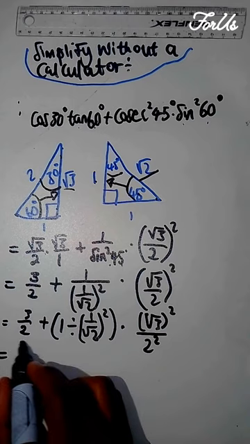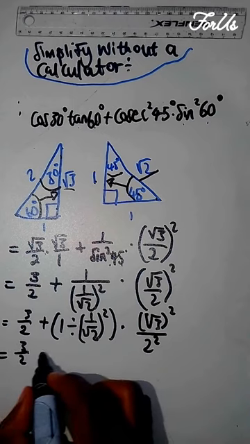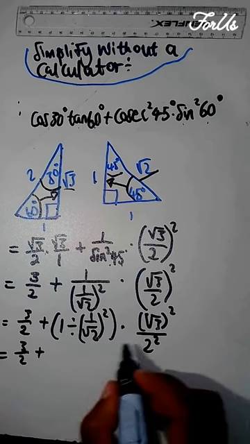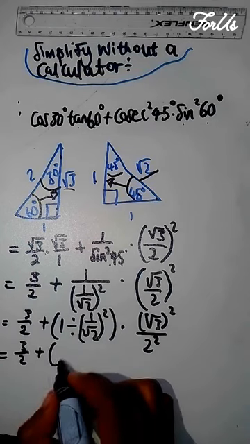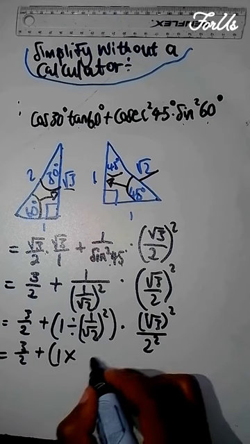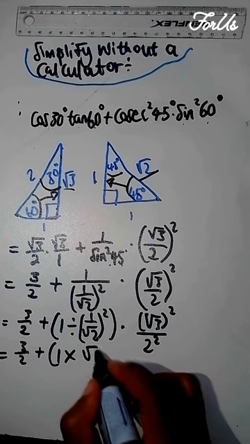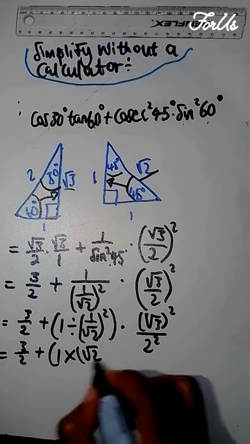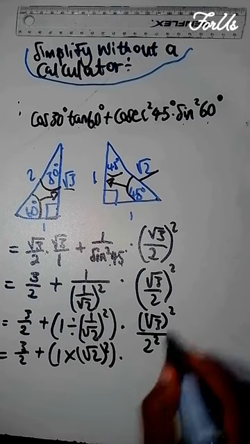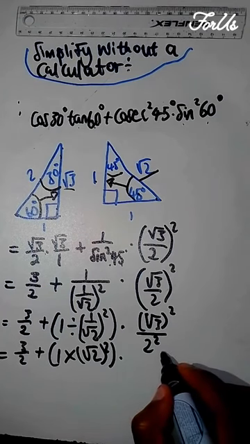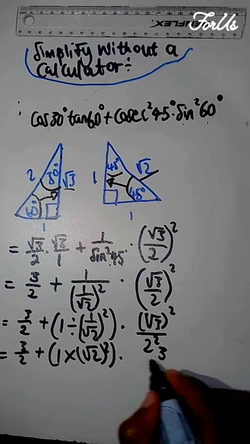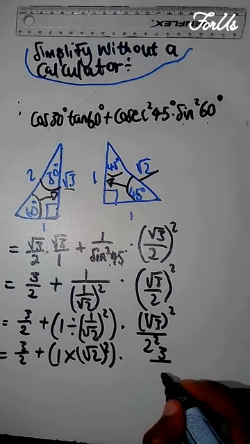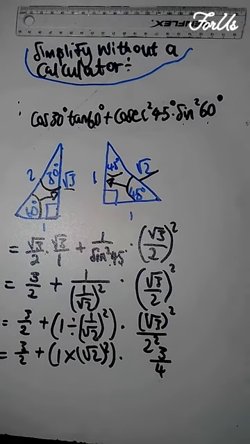And then it's going to be 3 over 2 plus this one can be 1 multiplied by root 2 squared. And here when you simplify this, it's going to be 3 divided by 2 times 2 is 4.